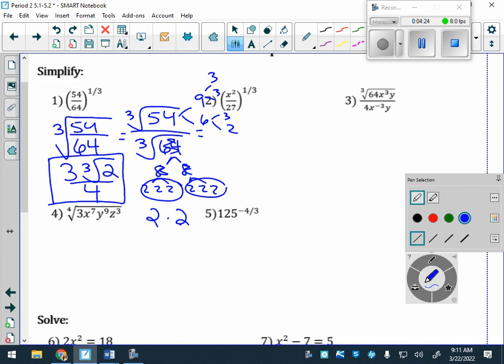Hayden. Careful. Over 3 is correct. Go ahead. Cube root of x squared over 3, because we cannot take the cube root of x squared.